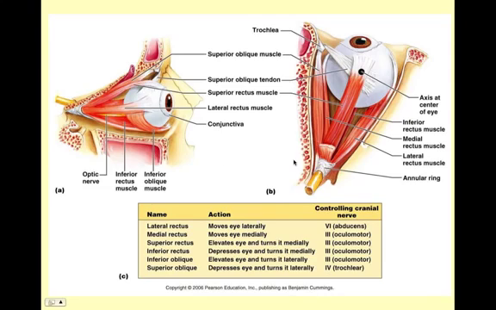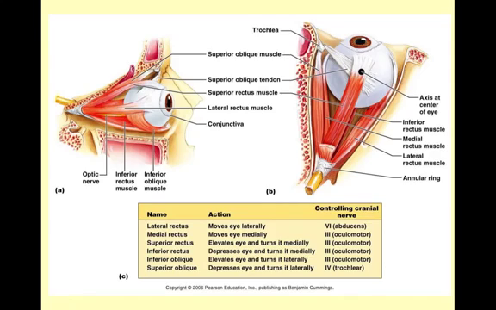Okay, so the other 2 main muscles of the eye are the lateral rectus and superior oblique. The superior oblique comes in from the same path that the recti muscles come in, except it turns 90 degrees on this trochlea.